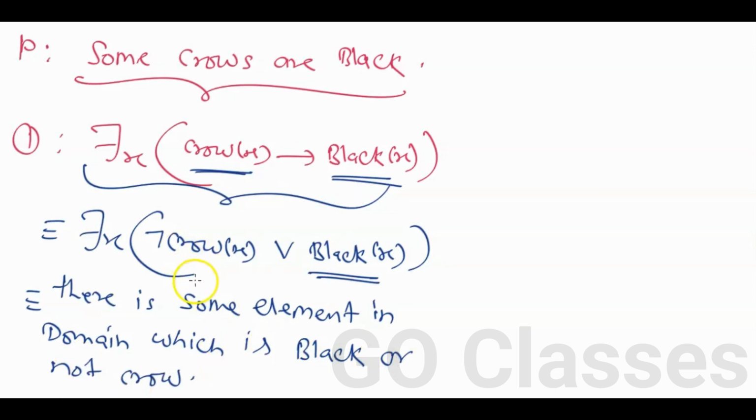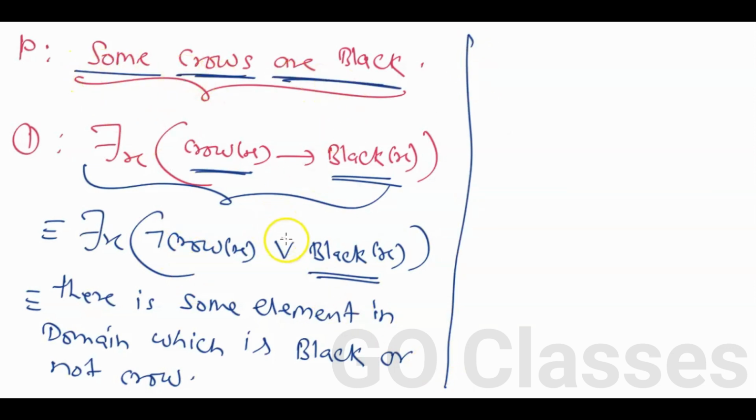But this is not what we want. We want that some crow is black. Some crow is black, at least one crow is black. But you can notice that this statement is saying that there is some element in the domain which is black or which is not crow.